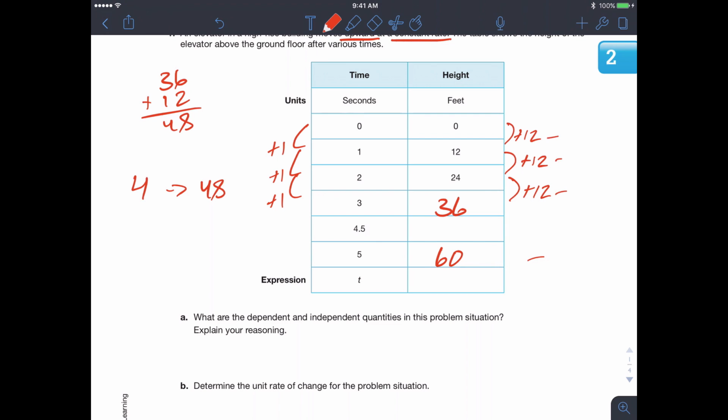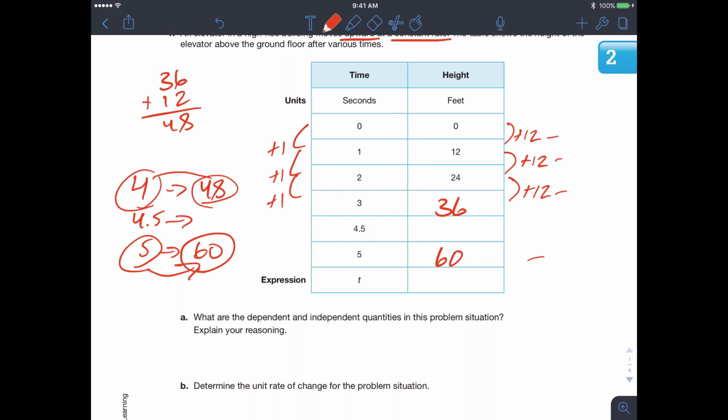Now, 4.5 is halfway between 4 and 5. So if 4 gives us 48 and 5 gives us 60, what's halfway between 48 and 60? It's going to be 54. Because 4.5 is halfway between 4 and 5, 54 is halfway between 48 and 60.